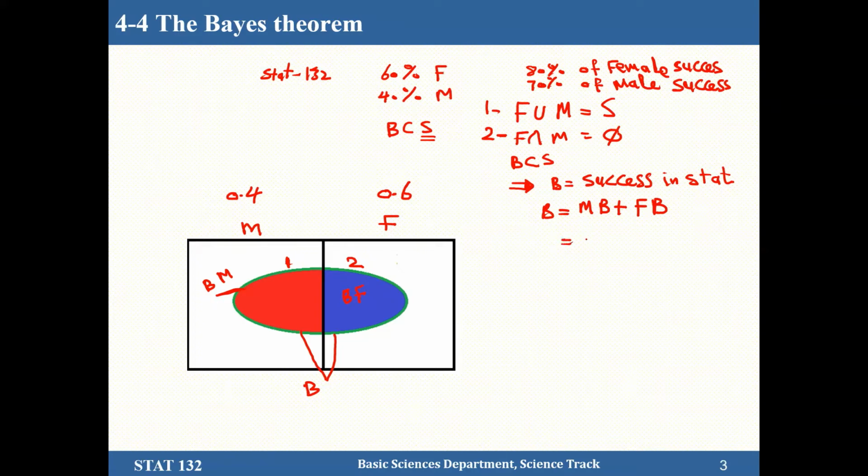This equals what? This equals P of M multiplied by P of B, success given male, plus probability of female multiplied by probability of success given female. This means what? 40% male.